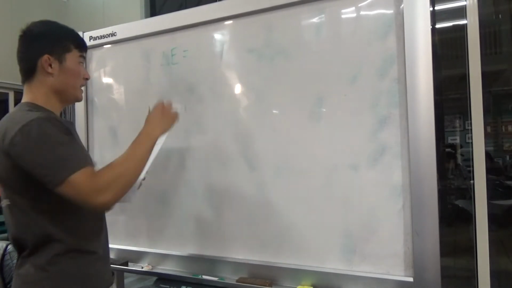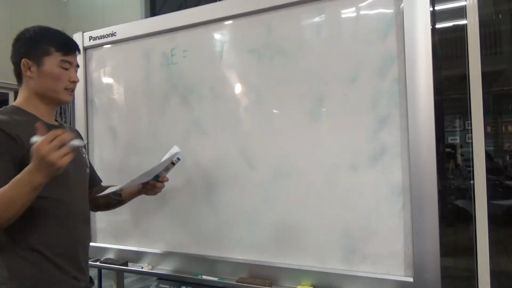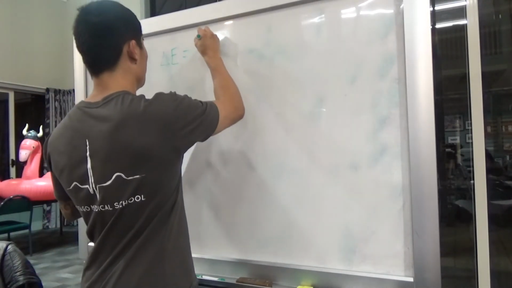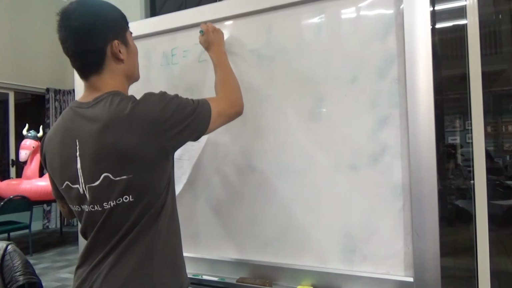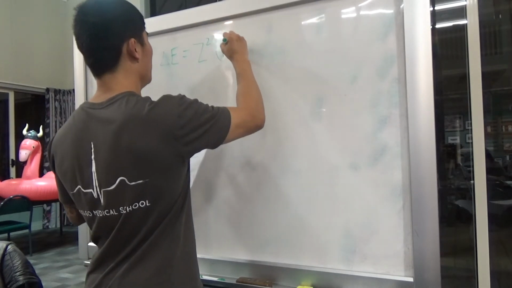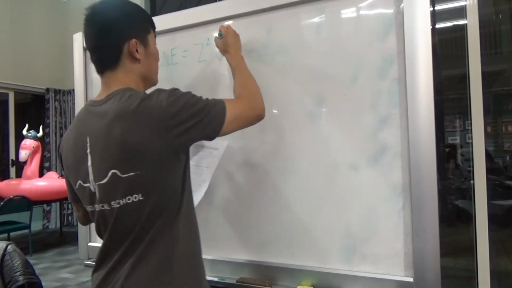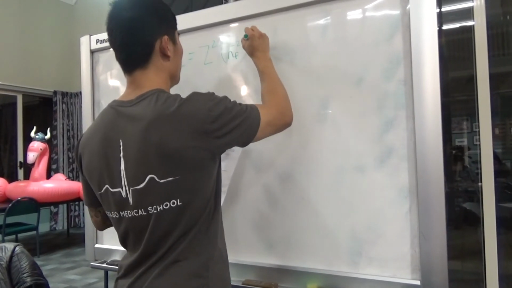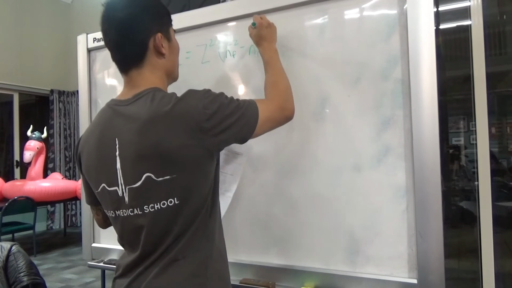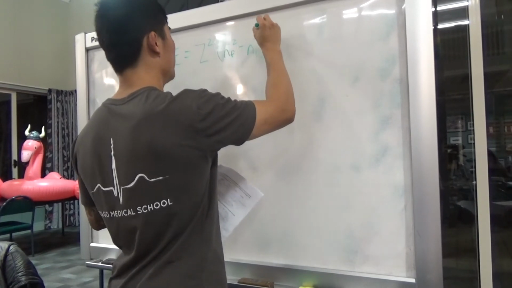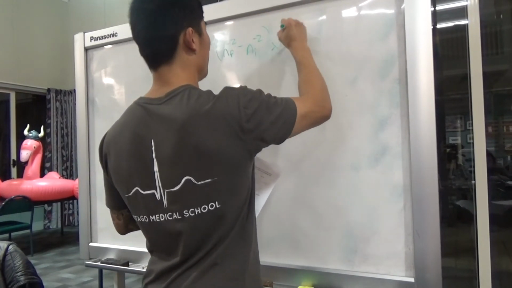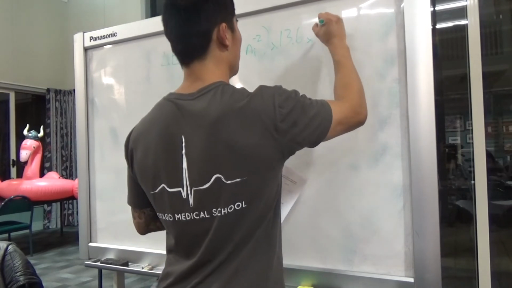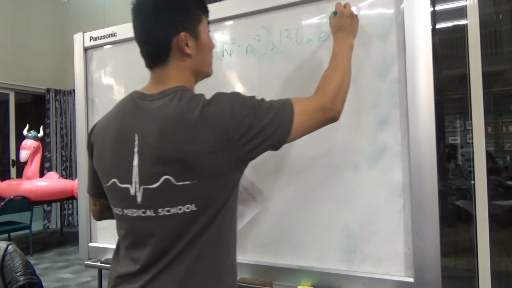The change in energy between the two orbitals is going to be equal to Z squared times the final orbital level to the power of -2 minus the initial orbital to the -2, times 13.6 eV.